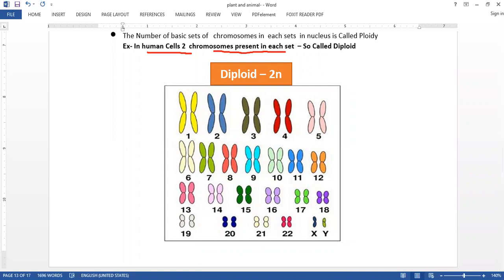Because of this, since there are 2, we can call this diploid. If it is present like 1, a chromosome alone, we can call it monoploid. Mono means one, like monosaccharide we studied. Or we can say haploid.